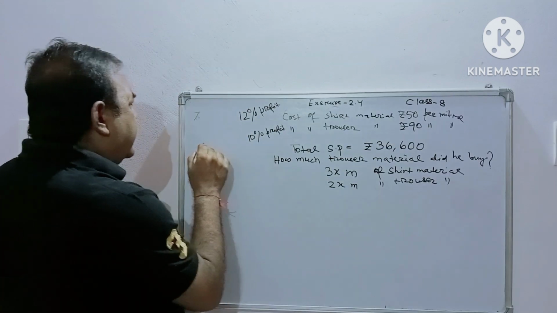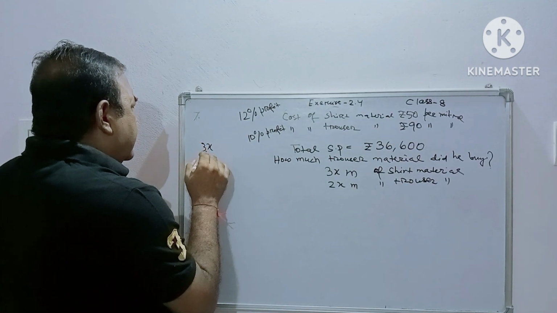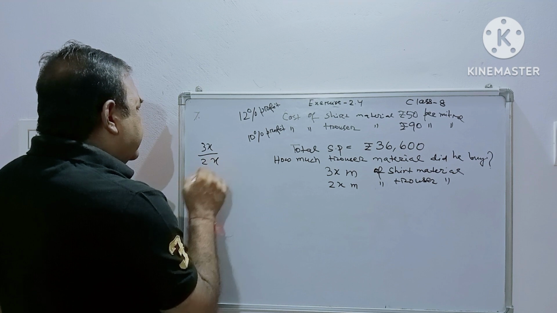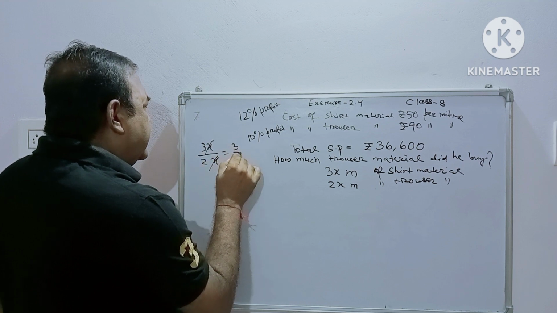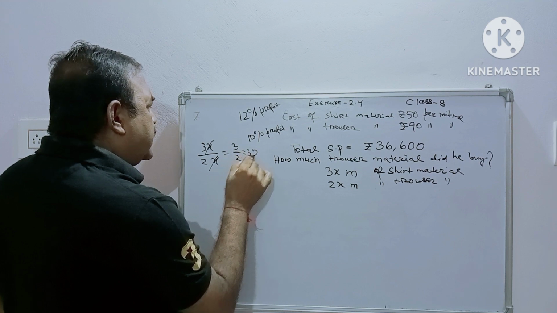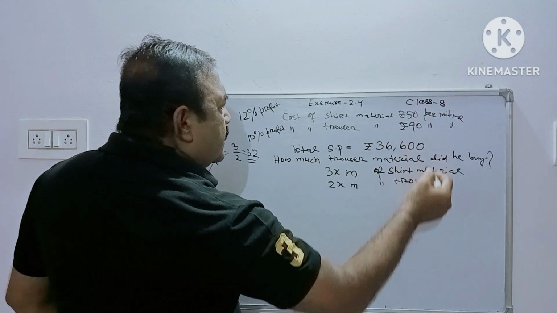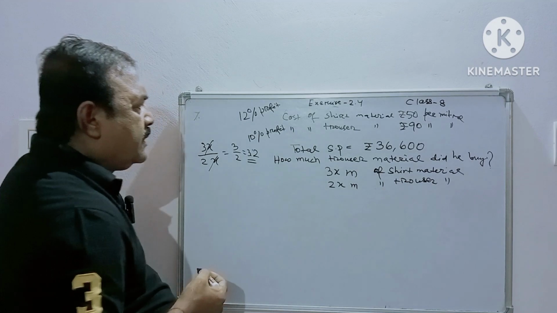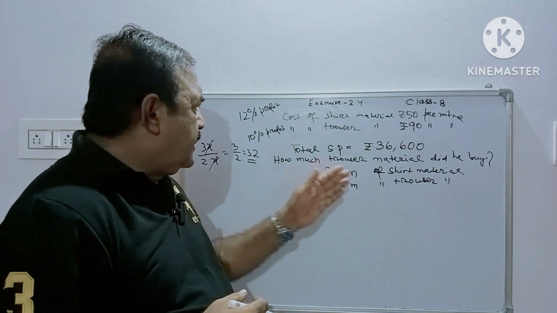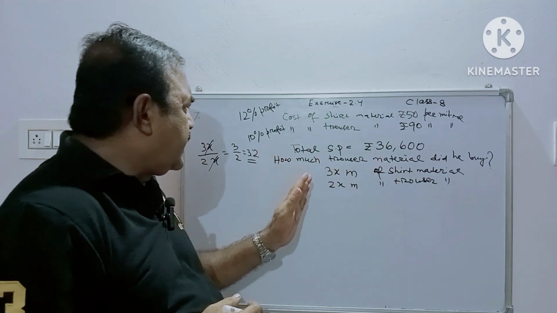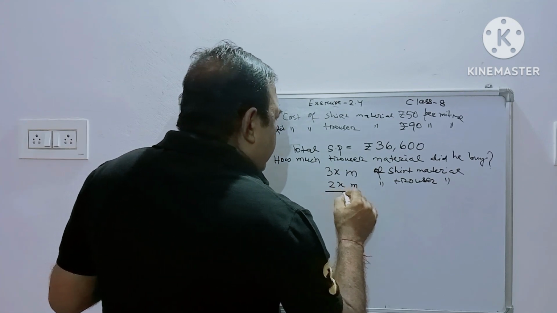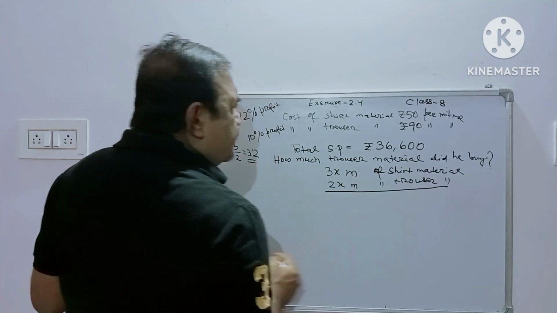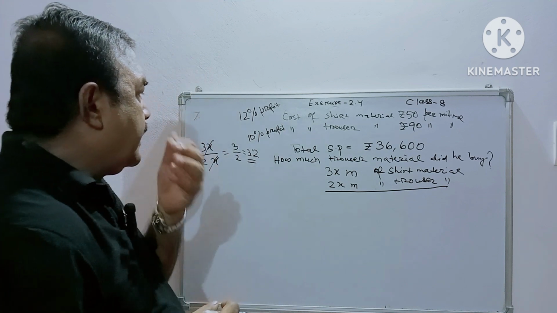You see 3x upon 2x, that is 3 into x, 2 into x, so x cancels. So you see 3 upon 2, that is 3:2. The ratio is the same. We have not disturbed the ratio. So he has brought 3x meter of shirt material and 2x meter of trouser material.